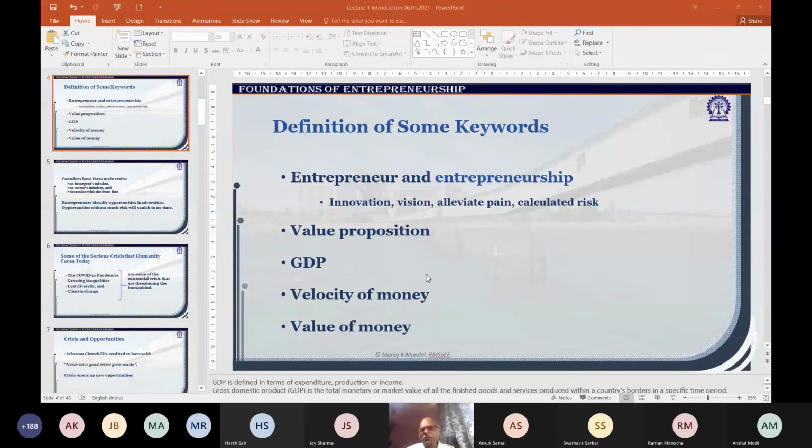Velocity of money is a very important economics term, but everybody should understand it and appreciate it. Suppose you come from Kharagpur to the IIT campus. You pay 100 rupees to a rickshaw puller, and the rickshaw puller will take the 100 rupees and go to a grocery store, buy the groceries, go home, and spend almost 100 rupees, hypothetically.